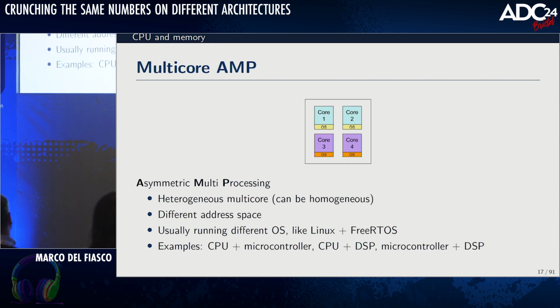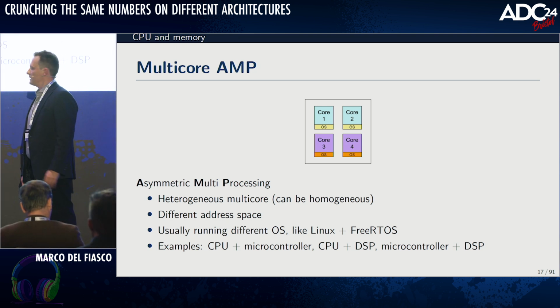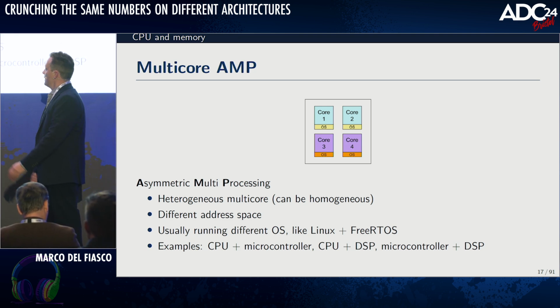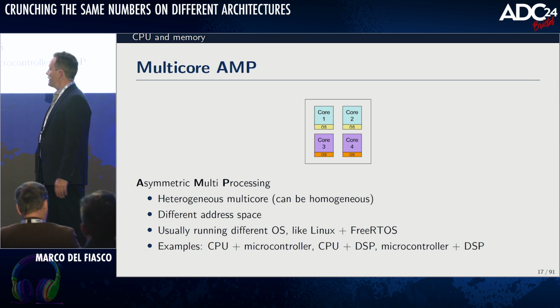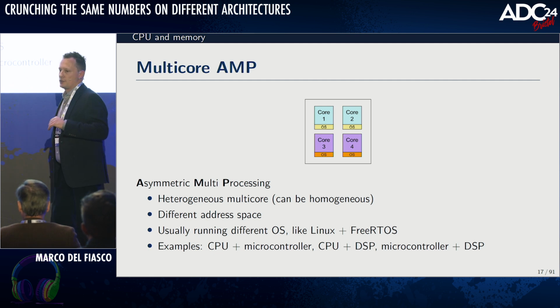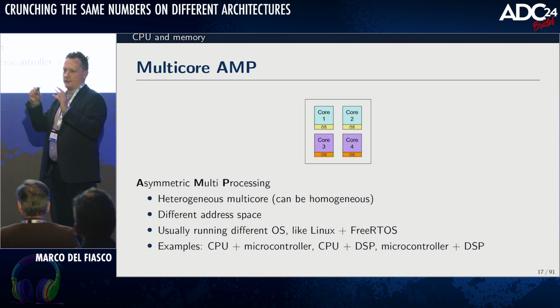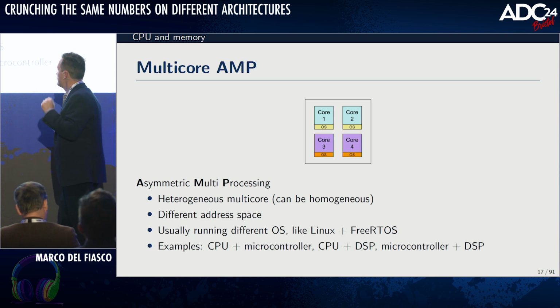With AMP, things are a little bit different. Here we have heterogeneous multi-core, typically, but it can also be homogeneous. With heterogeneous, you have different address spaces, and typically you are running different operating systems across the CPU islands. An island is a group of CPUs of the same type.